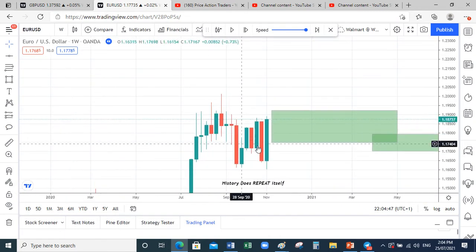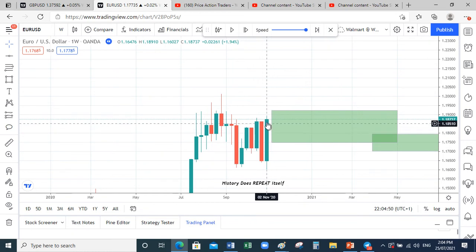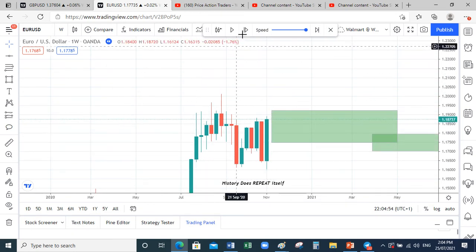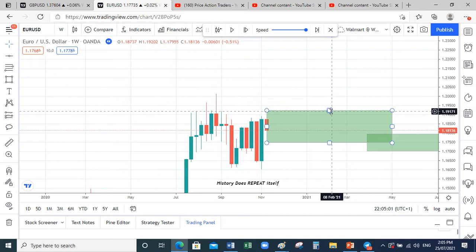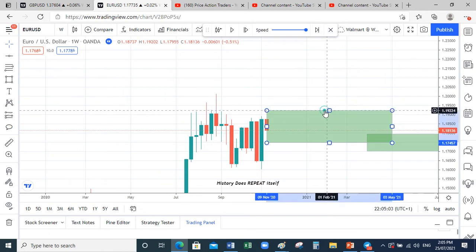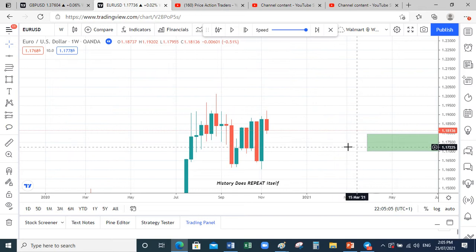Yeah, so you can see it here. See it? This is a rally. This is a bullish candlestick, the rally upward. Now what happens? You see it? You see the battle here.